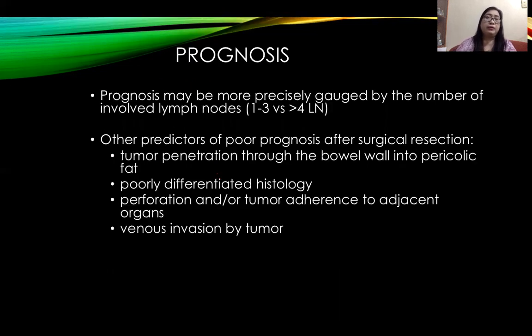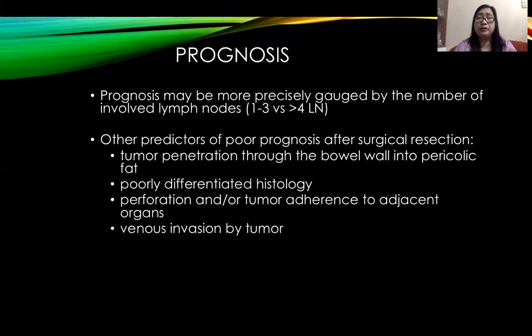And what is the prognosis of colorectal cancer? The prognosis may be more precisely gauged by the number of your involved lymph nodes. So 1 to 3 lymph nodes has a better prognosis than 4 and above lymph nodes.